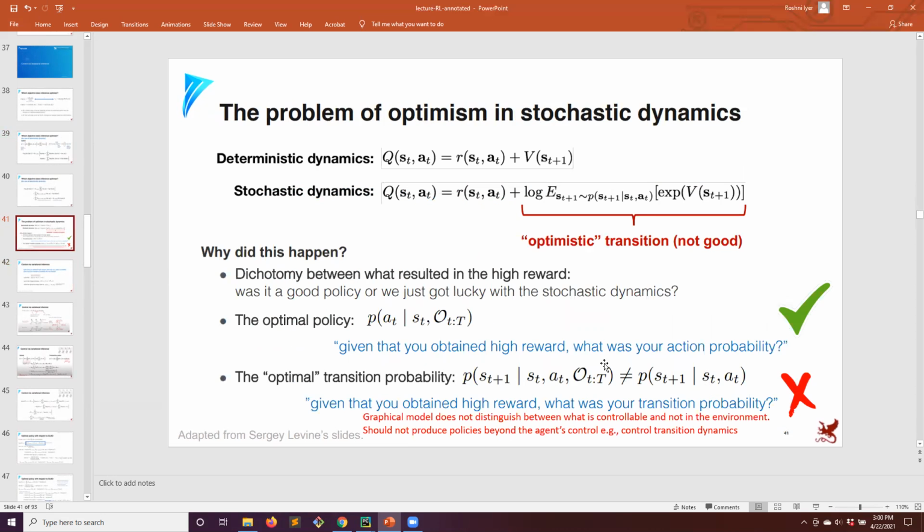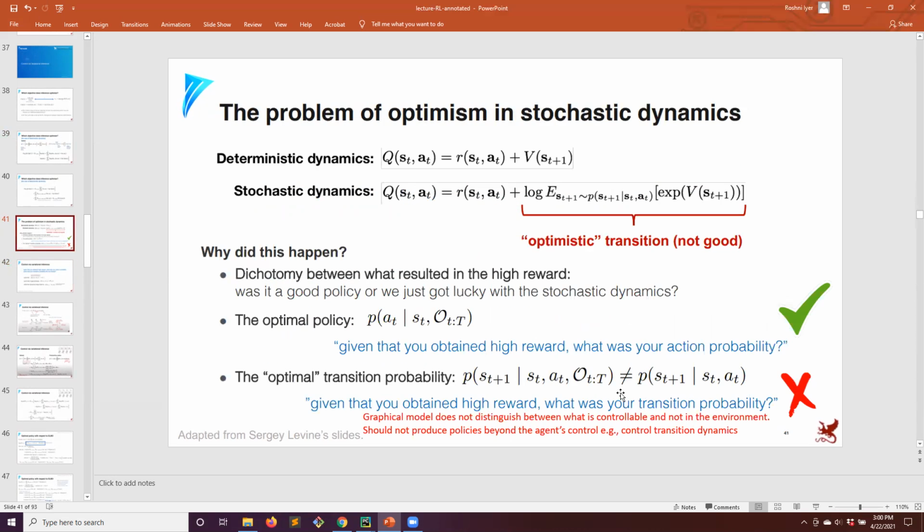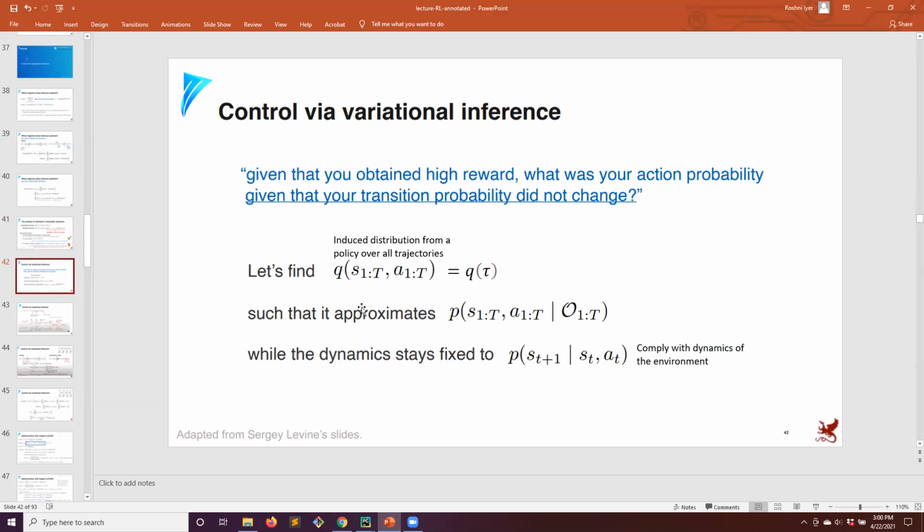And when we want to try to fix this problem, what we do is, now instead of giving flexibility to learn these transition probabilities, we actually explicitly force this. So in other words, when we're trying to find this q that approximates this optimal policy, we actually fix these dynamics to follow what is in the environment.